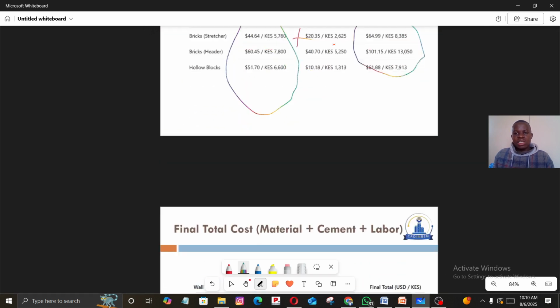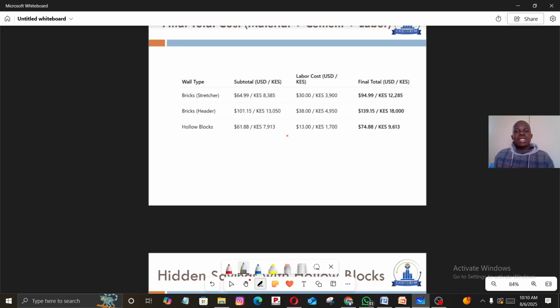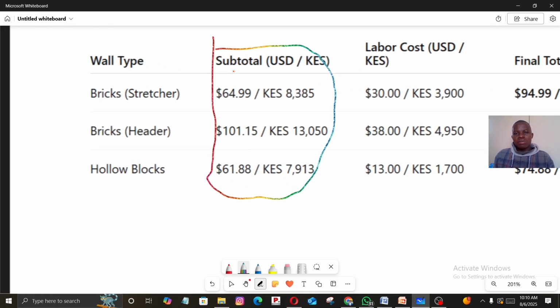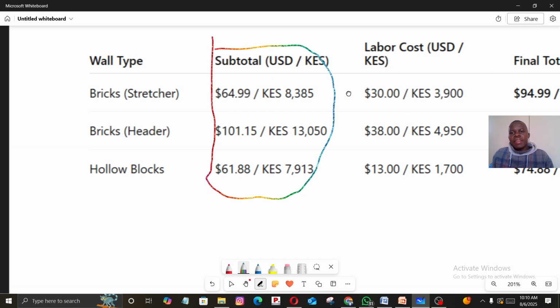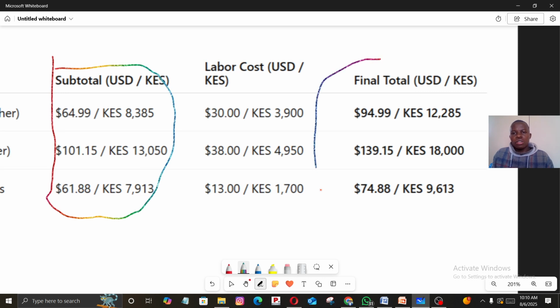What you are left with now is to add the cost of material plus cement plus labor. Here, material refers to bricks. So let's add this. This is the cost of cement. This subtotal consists of the cost of cement plus the cost of bricks. Then we add labor, and now we can come to our final totals.